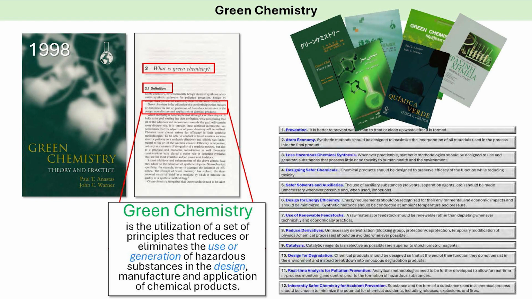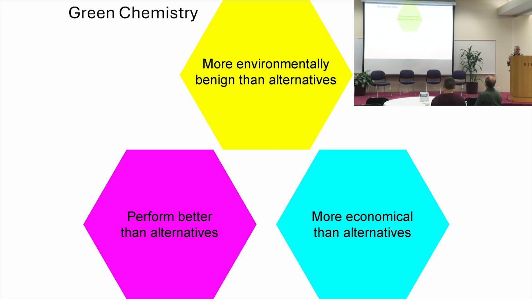Because we realize that green chemistry is more than just focusing on environmentally benign and non-toxic. Because you can publish all the papers in the world, but if no one is using the technology, we're not solving the problem. So we need to have products that work better than the incumbent technologies so people want to use them.